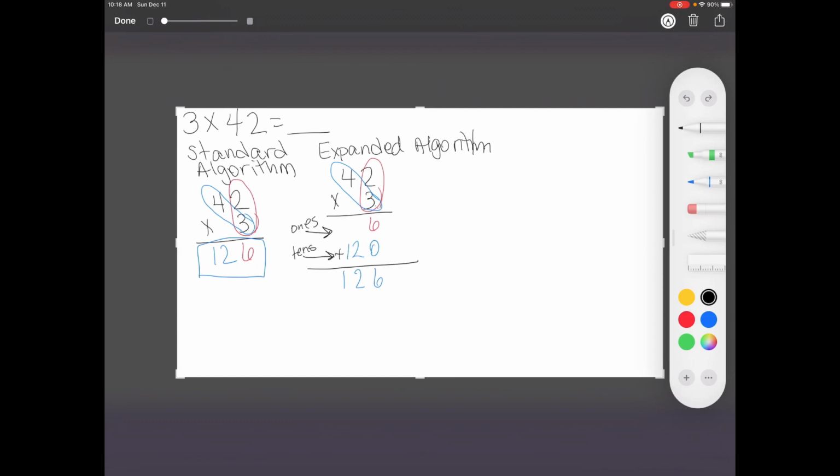But the one that we are working on, and almost all of the students are still using primarily to solve, is taking the equation 3 times 42 and using what's called the area model, or the array.